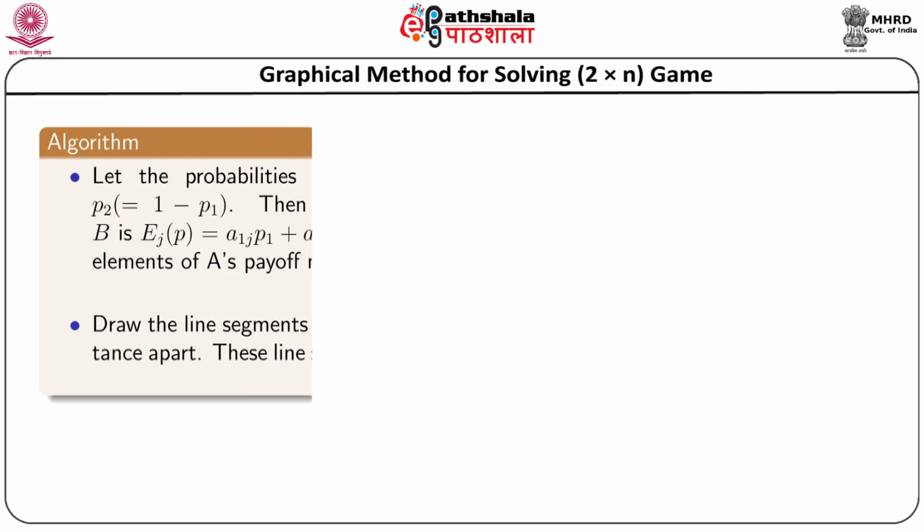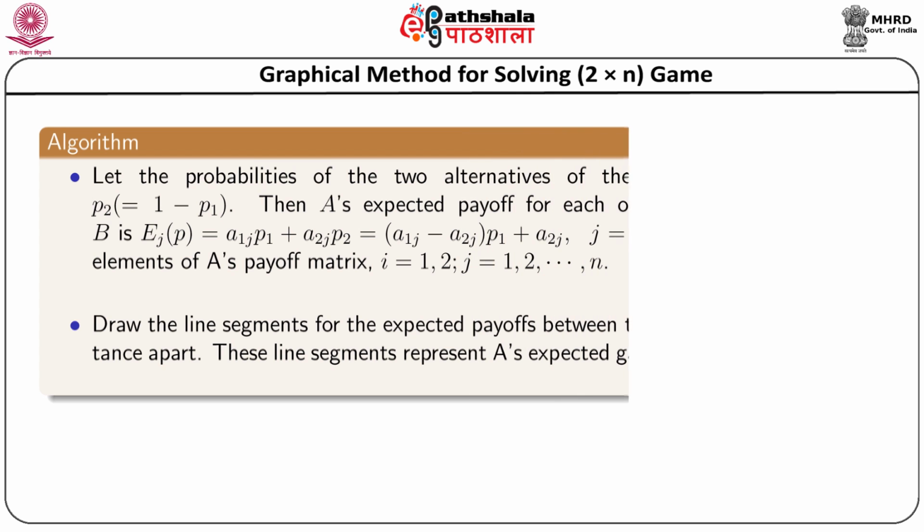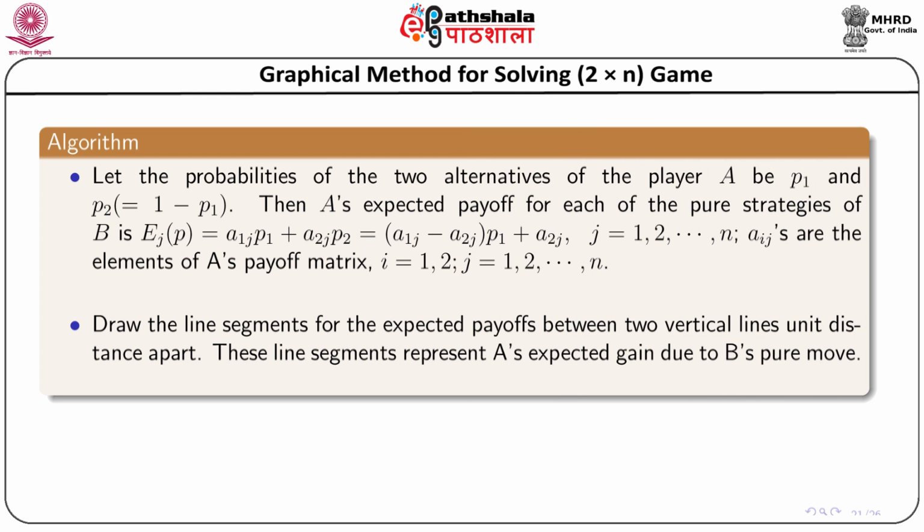Let us now define the graphical method for solving a 2 by n game. This method is applicable to only those games in which one of the players has two strategies only. Here we will consider player A, the maximizing player, who will have two strategies. Let the probabilities of the two alternatives of player A be P1 and P2, where P2 equals 1 minus P1.